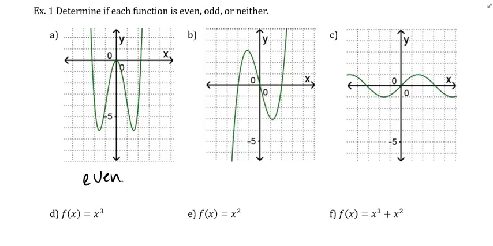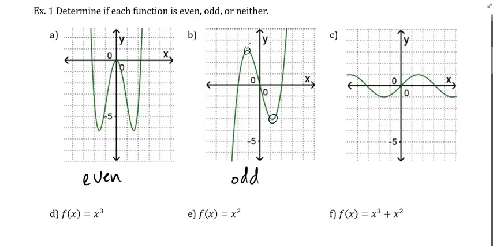What do you think about B? Odd. How would you know? Well, visualize it, right? Visualize spinning it around the origin in your head. Does it map back onto itself? Now, I can't tell for sure if this is the exact same point, but it is. We're not trying to trick you or anything like that.